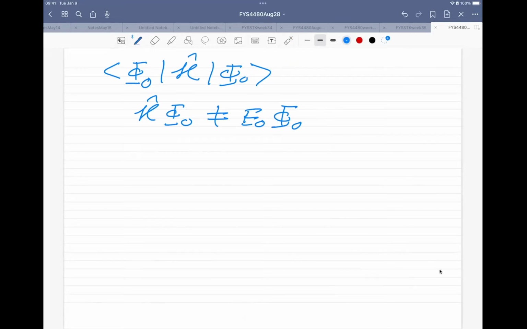That's something which is going to lead us to full configuration interaction theory later in this course. But what we are going to do now is to get an approximation to the ground state.